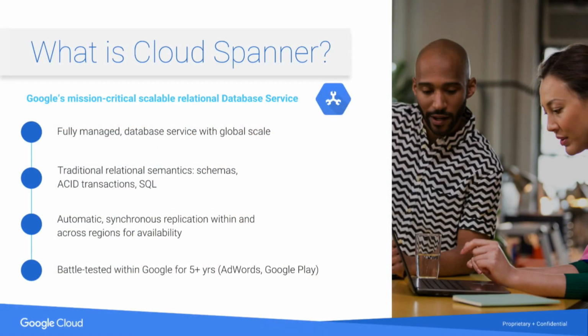So let's cover off the main points within that video that we just saw then. If we were to look back at what are the main features of Cloud Spanner, it's a fully managed database service from Google for mission-critical applications that provides you with relational semantics and also gives you the ability to scale your database across the globe.